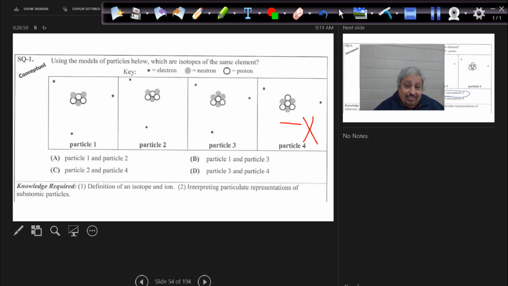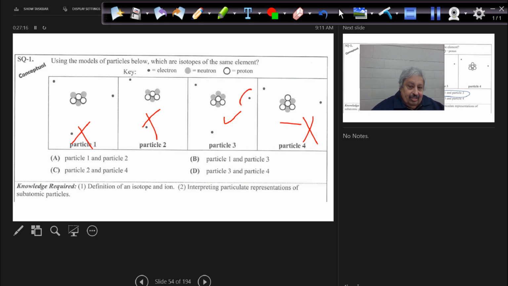Correct. How about particle 3? Yes. Why? The number of neutrons is not equal, correct? This is the same problem. This is 4 neutrons to 3 protons, correct?